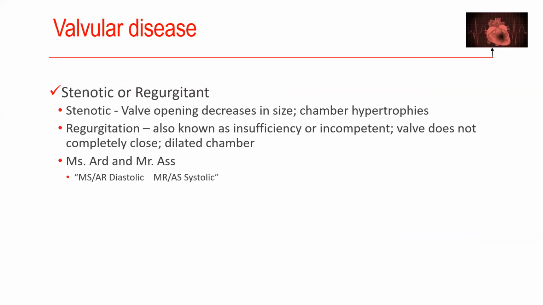All right, so we're going to move from that to valvular disease, reminding ourselves that we're talking about two groups of valves. The AV valves, which separate the atria from the ventricles, and the semilunar valves, which separate the ventricles from the arteries. Really important for us to remember this when we think about the valves.